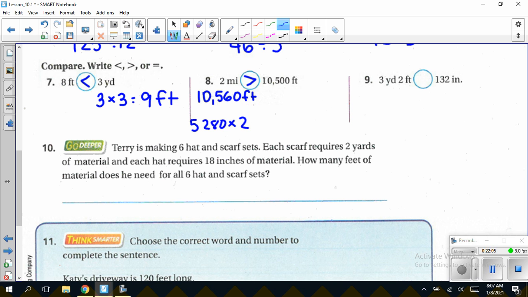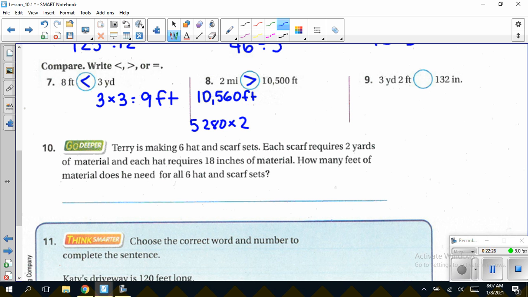However, you can go directly from 132 inches into yards if you choose to. You do know that there are 3 feet in 1 yard, and if there are 12 inches in 1 foot, that would be 12 times 3, which would give me a total of 36 inches in 1 yard.